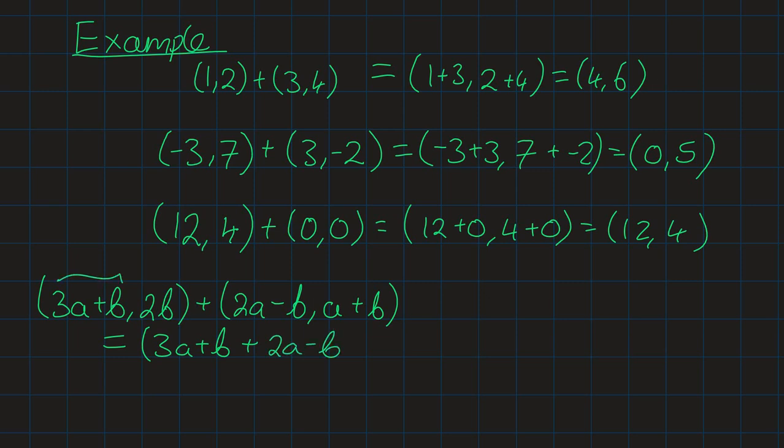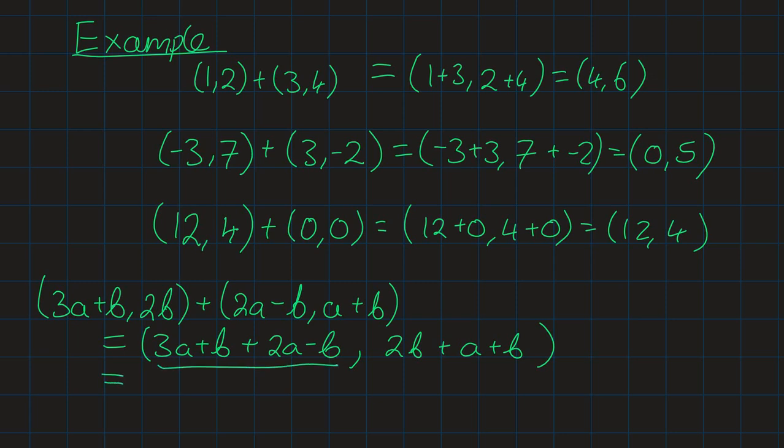That's this coordinate plus this coordinate, and this coordinate plus this coordinate. So exactly the same principle as before. It's just a little bit harder now because there are variables. I need to keep track of the variables. This isn't sufficient as an answer because it can be simplified. So I should simplify this.